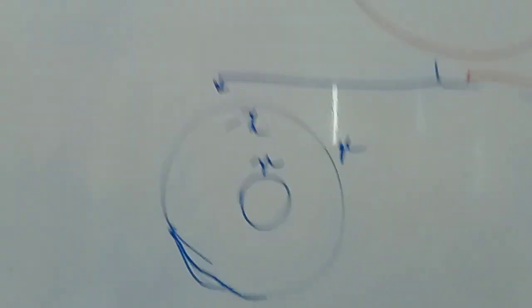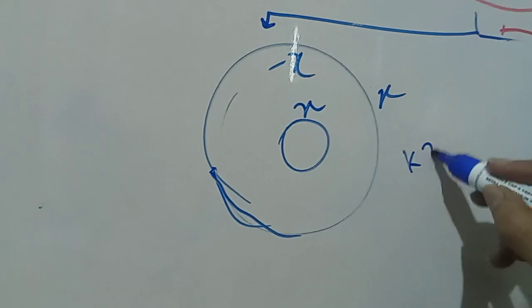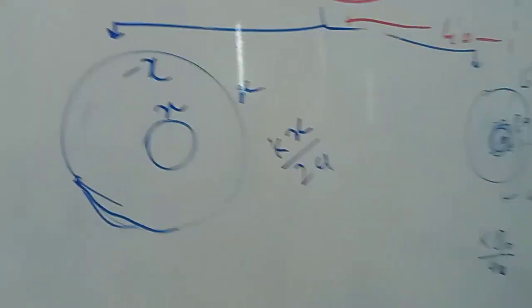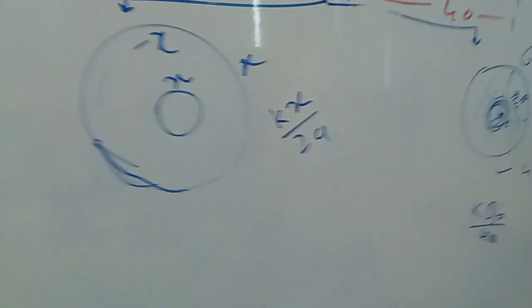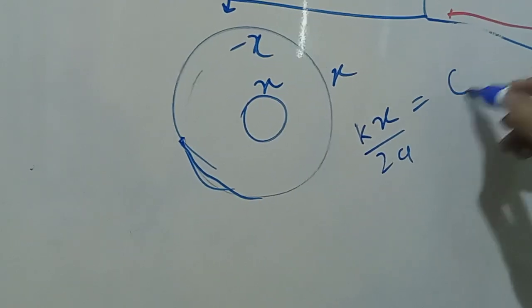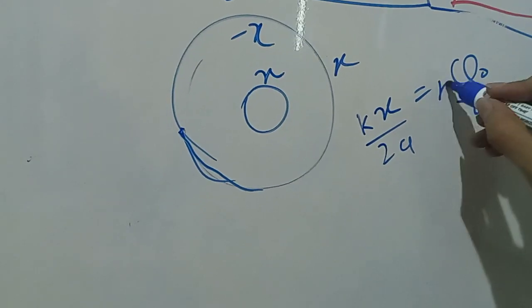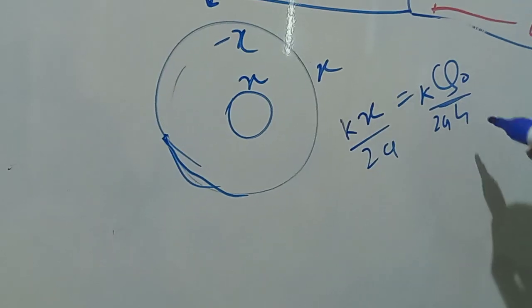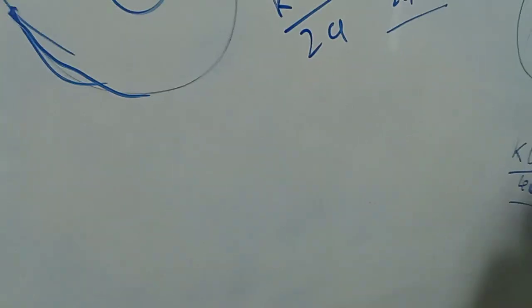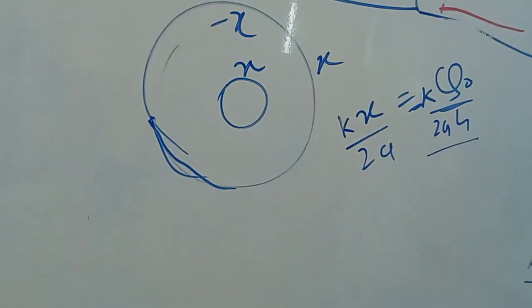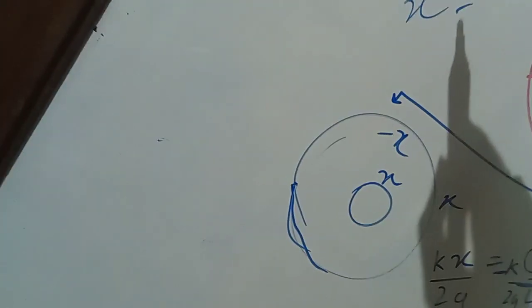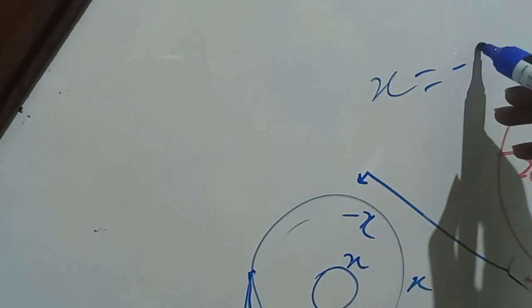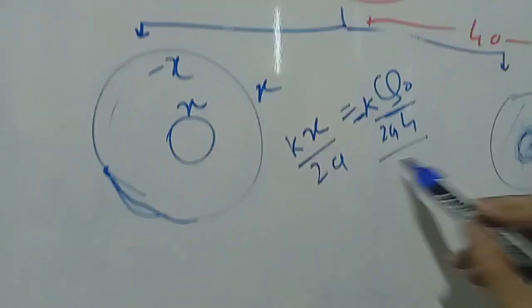But due to this, there would be a potential that would be kx by 2a. Now to find the potential, we calculated x, which is kq naught by 4a. This whole is x. So add this and this. Oh yeah, minus, because x was minus q naught by 4, and this is this.